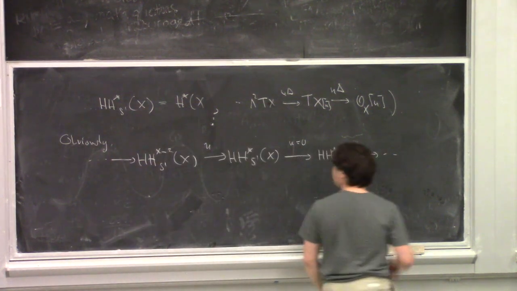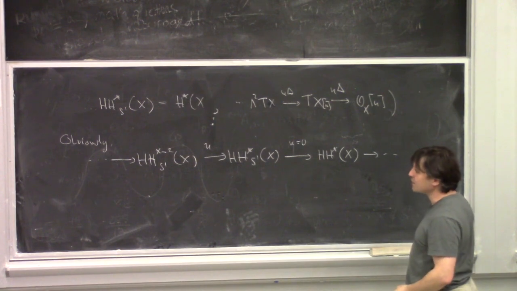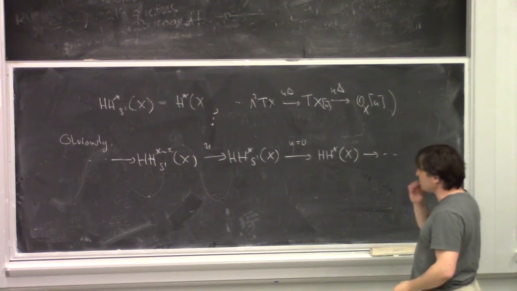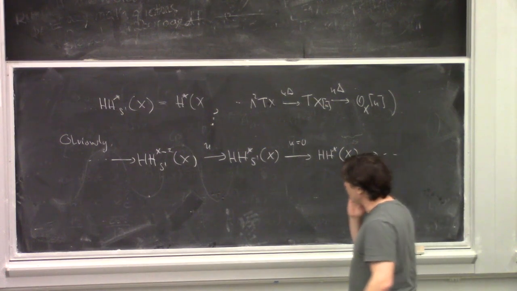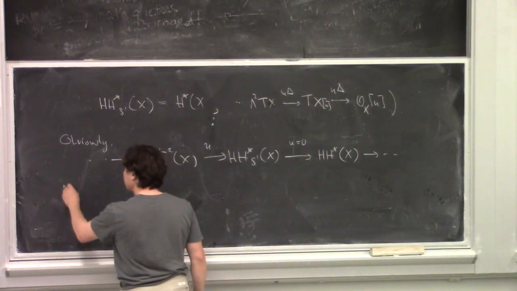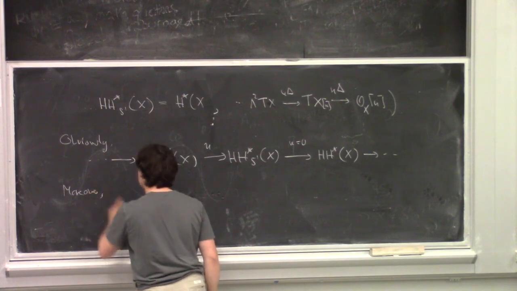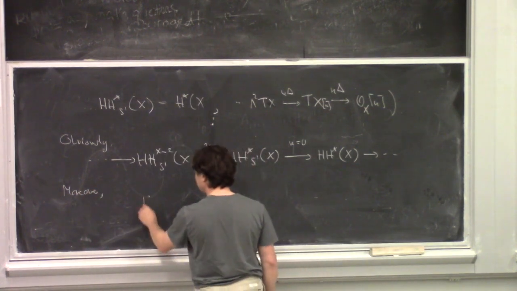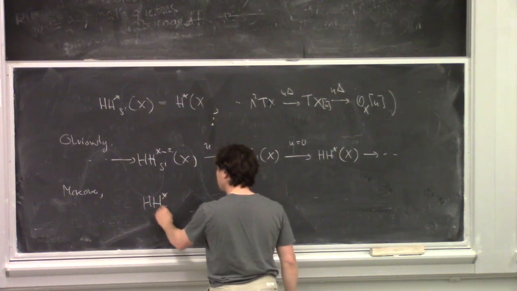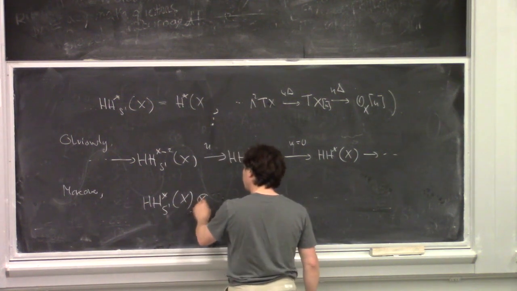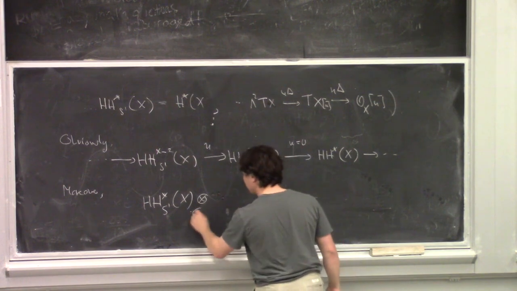And so we have this long exact sequence. Okay? So if you take this and tensor it, let's suppose we're going to complex numbers.